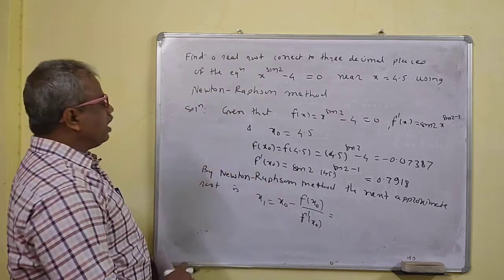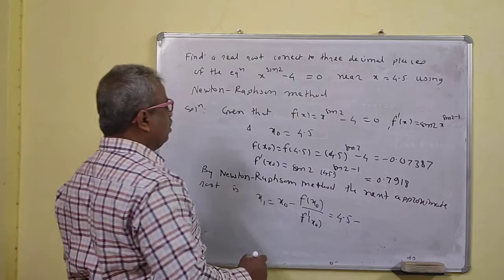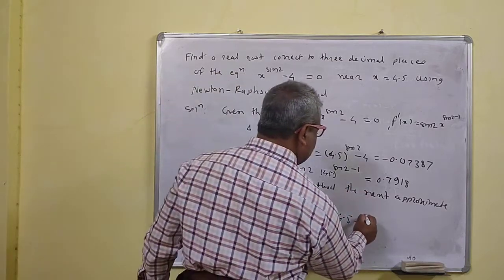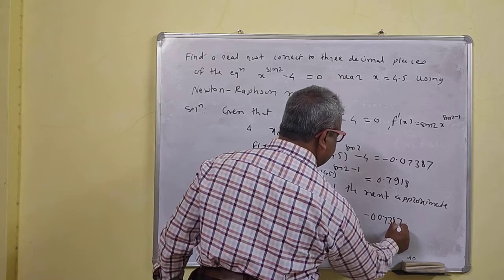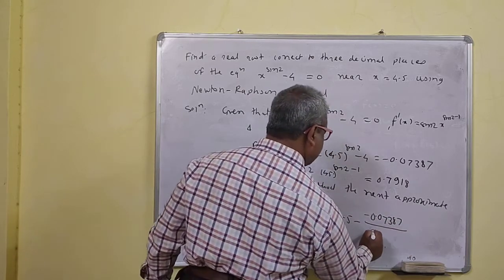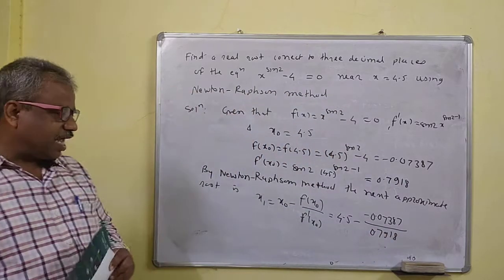So this is equal to 4.5 minus, f of x naught is minus 0.07387, upon 0.7918. Okay, use the scientific calculator.